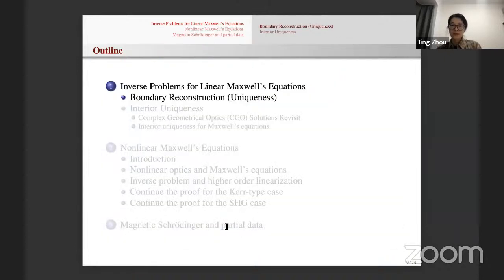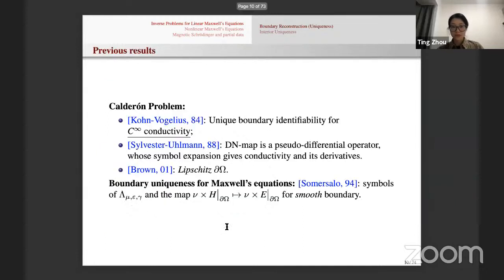All right, so I'll be talking about the boundary reconstruction first. Let me put everything into context, talking a little bit about the previous results of boundary reconstruction for the Calderon problem. The two papers mentioned here, Kohn and Vogelius in 1984 and Sylvester and Uhlmann in 1988, are essentially all set up with smooth conductivity and also a smooth boundary.